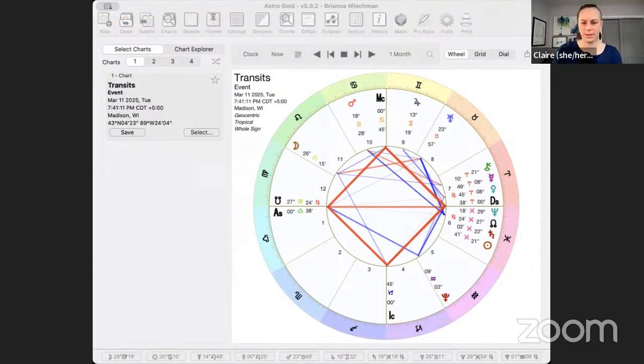And what I found is that there's four Hellenistic grade void of course moons and two eclipses. And I was like, are you kidding me? That's way too many. AstroSeek, void of course, moon, calculator. I want to share this with you.